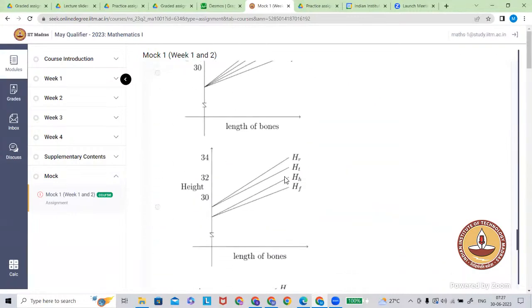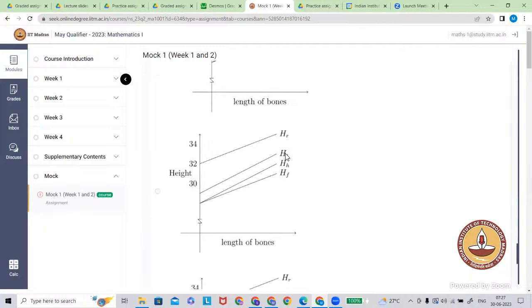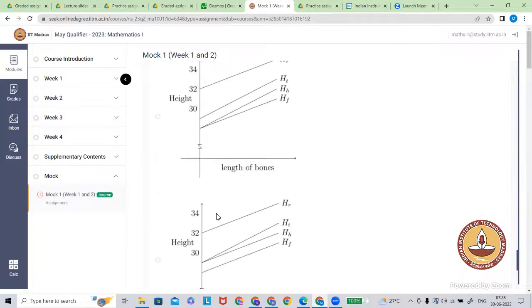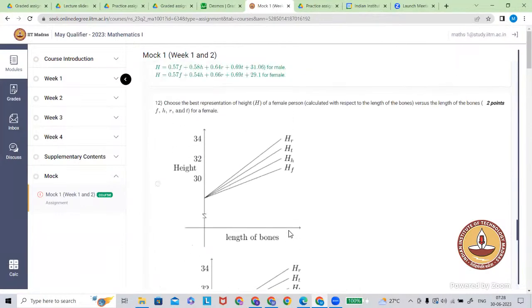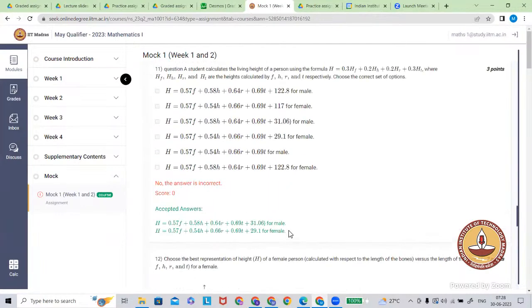So which one is HT? After HR, HT will come on this line, because after 32, 29 will come. So here HT is 30 and 29. Again the same thing happens. Now still go with the one which has the maximum steepness, right? The slopes will give you the elevation.